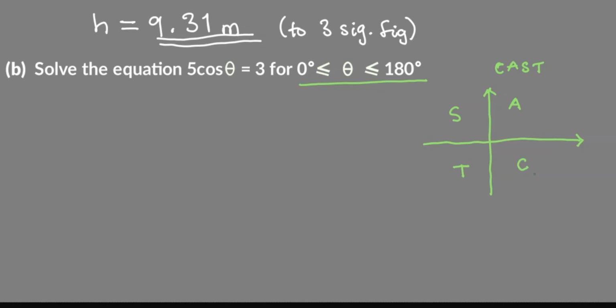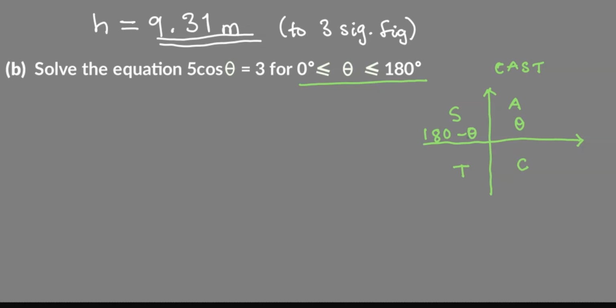The next thing you want to know is the relationship of the angle in the first quadrant. If we have an angle theta in the first quadrant, we can represent the same angle in the second quadrant if we just apply a certain change to the value of that angle. For an angle in the first quadrant, theta, to become an angle in the second quadrant, we're just going to find the value of 180 minus theta.